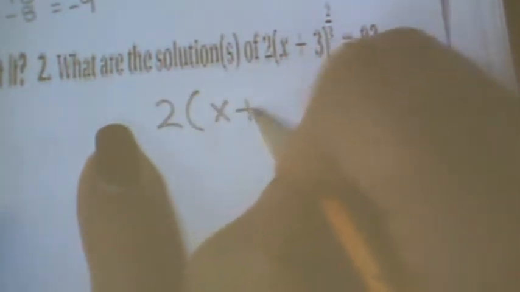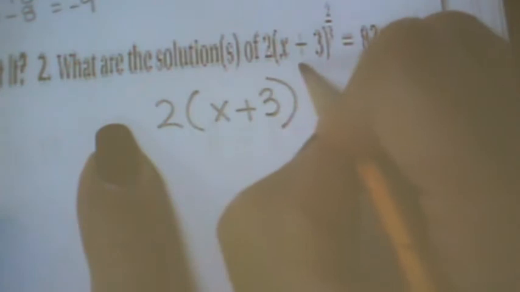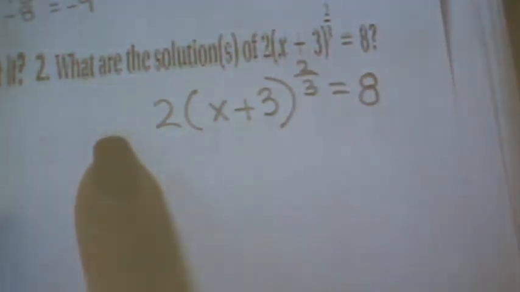Can you tell me, this says 2 times x plus 3 to the 2/3 power equals 8. I bet you can tell me the first step. See? Divide by 2, you got it.